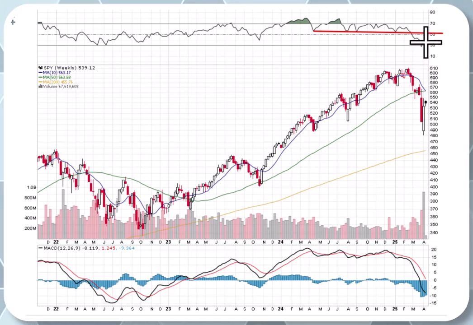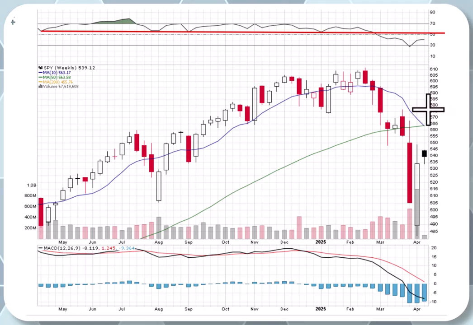When this RSI pushes back up here, we really don't want to see any reversal candles. For it to push back up into this area, it's going to need a lot of power. So we don't want the price action coming up here and having a reversal candle around this area.